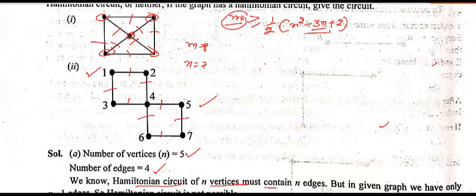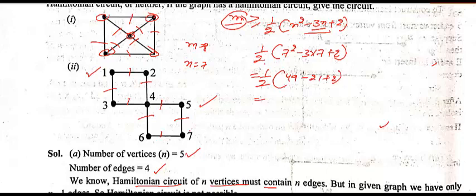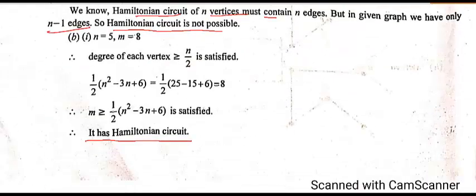So half into 7 square minus 3 into 7 plus 2. So half of 7 square is 49, minus 21, plus 2, that is 49 plus 2 is 51, 51 minus 21 is 30, half is 15. And 8 is not greater than or equal to 15. This is not possible. So therefore a Hamiltonian circuit is not possible.